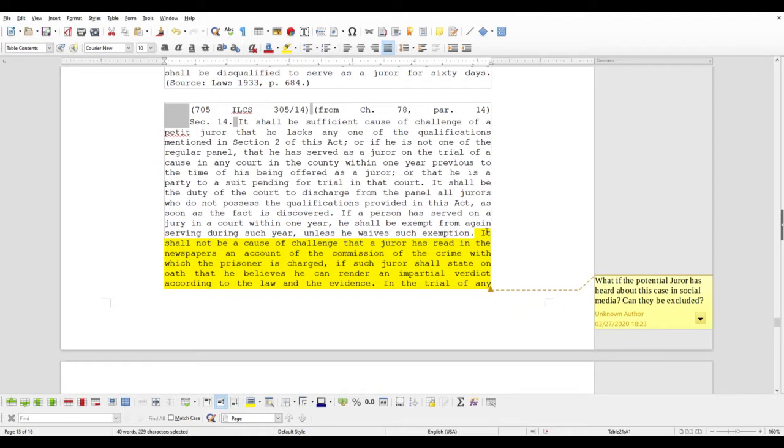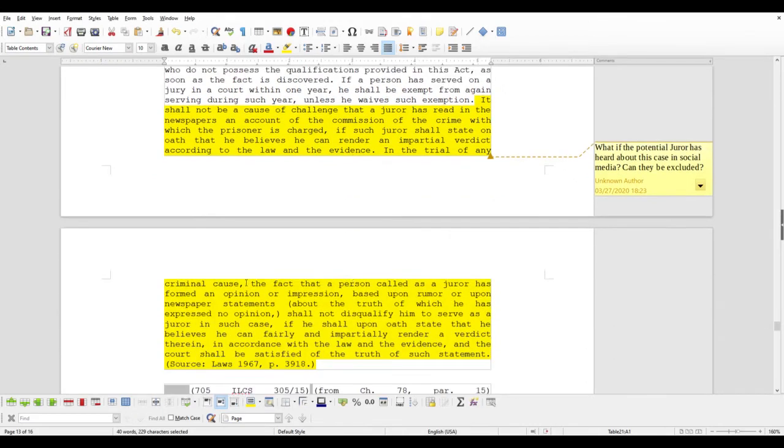And this one I'm going to read. It shall not be cause of challenge that a juror has read in the newspaper an account of the commission of a crime with which a prisoner is charged, if such juror shall state on oath that he believes he can render an impartial verdict according to the law and the evidence.